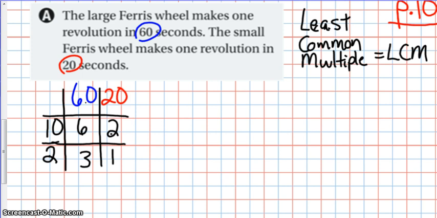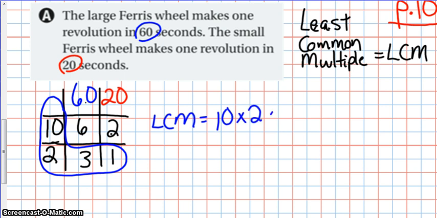Now, our least common multiple is going to be the product of the factors we pulled out and the result at the bottom. It kind of looks like an L for LCM. So the LCM on this can be found by taking 10 times 2 times 3 times 1.